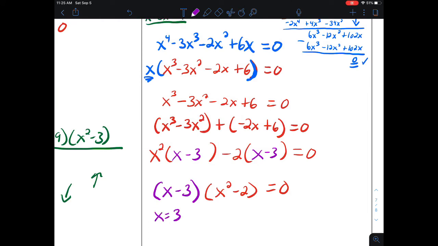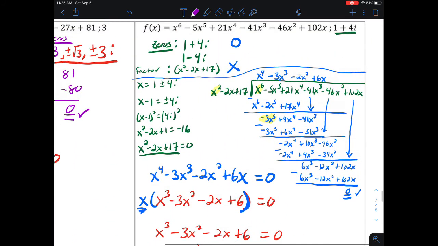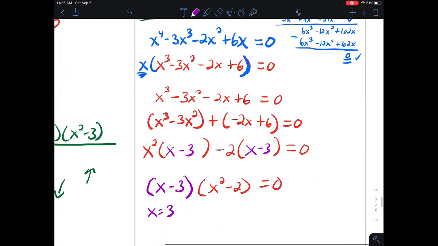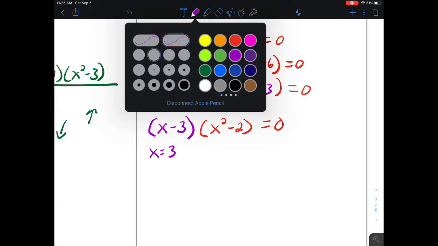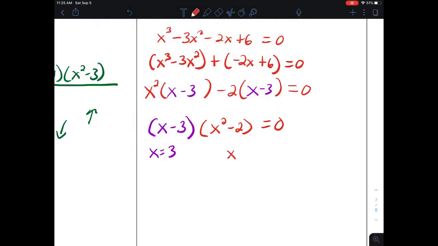So let me add that to my list. I got 3 as a zero, and the corresponding factor was x minus 3. And we've just got one piece left to solve. We have to solve x squared minus 2 equal to 0, which gives me x squared equals 2. Square root both sides.